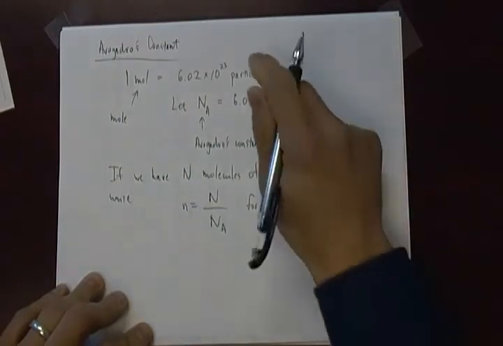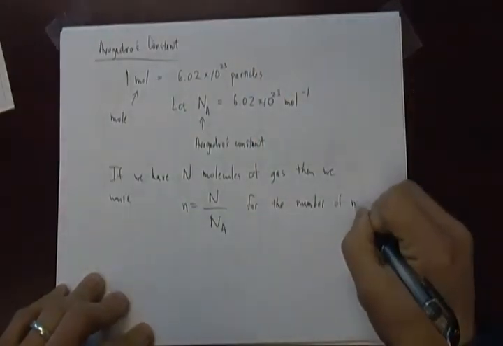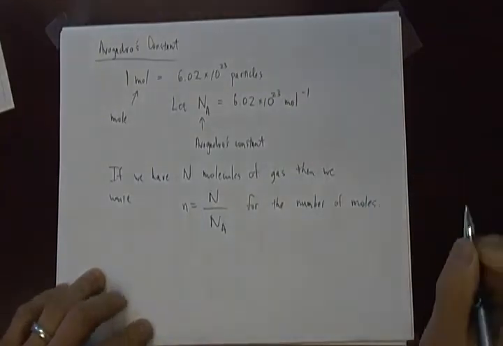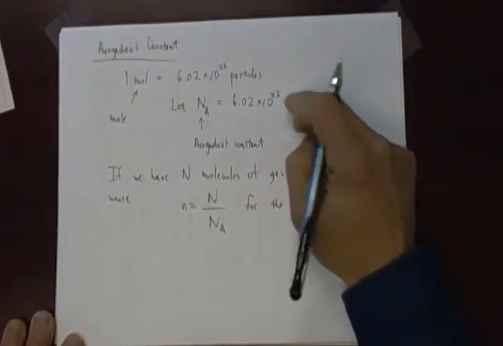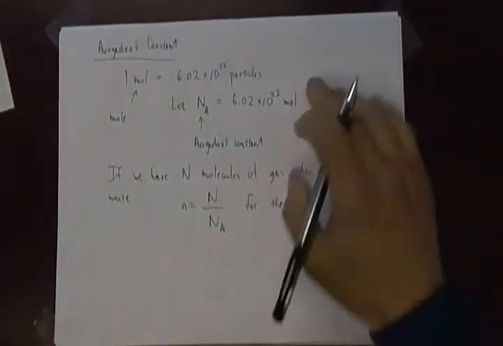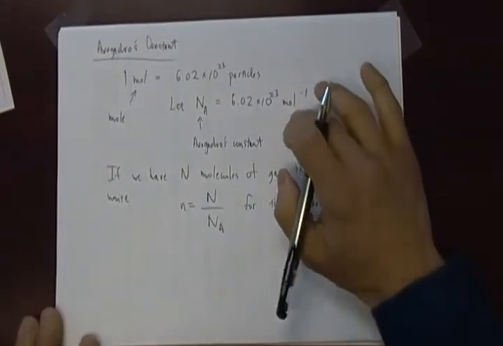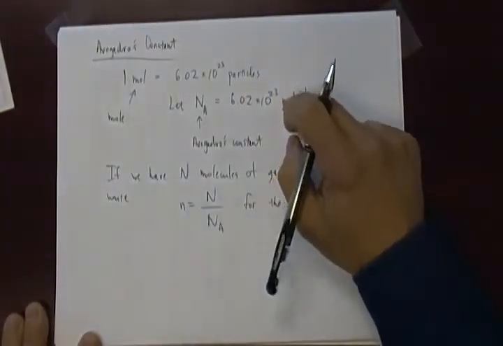We're just factoring out this number. By dividing by this, we get units of mol. It's kind of a fake unit, to be honest with you, but it just keeps track of the fact that we're counting moles rather than particles.